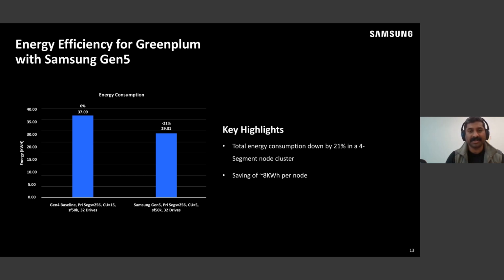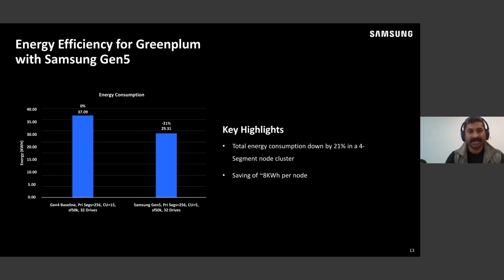And again, the setup is a 4+1 node cluster, 4 segment hosts and 1 master, and each node could benefit 8 kilowatt hours per node with 8 drives, right? So again, 8 drives in a node.